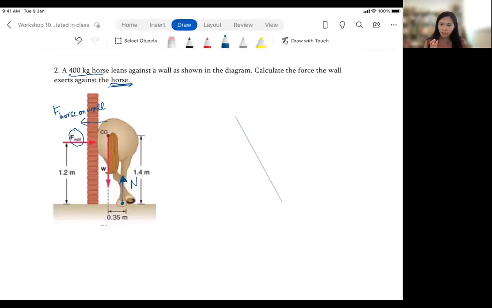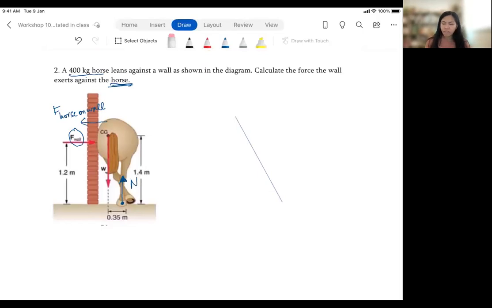Okay, it's not exerted on the horse. In your free body diagram, we just draw the forces on the object. Our object is the horse, so it should just be the forces on the horse. So that means we should not include the force on the wall that the horse is exerting, although it is there, right? Okay, there is one other force.